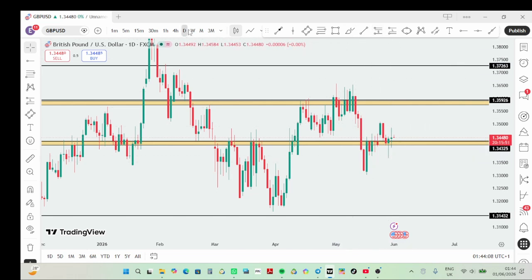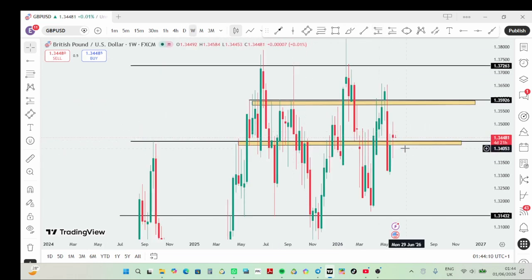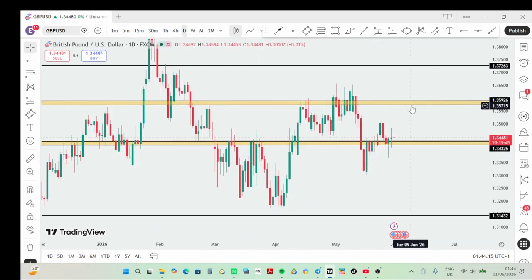You can just take the rejection point there to bounce off, from the buyers to the sellers. There should be a rejection point here. Not even there should be, there is already a rejection. So we just have to look out for it and see the possibility of selling the market from there when you see a good rejection point.